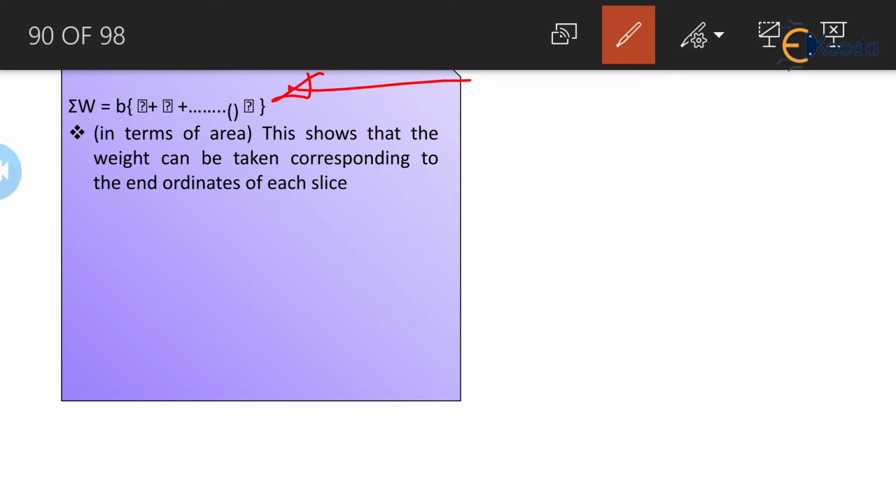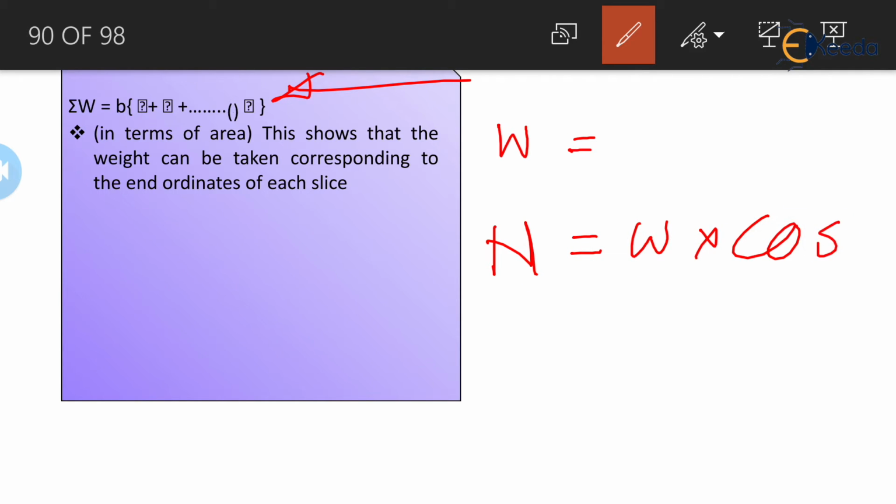Once we get the value of W, easily we can find out the normal component as W into cos alpha, and T can be found by W into sin alpha.